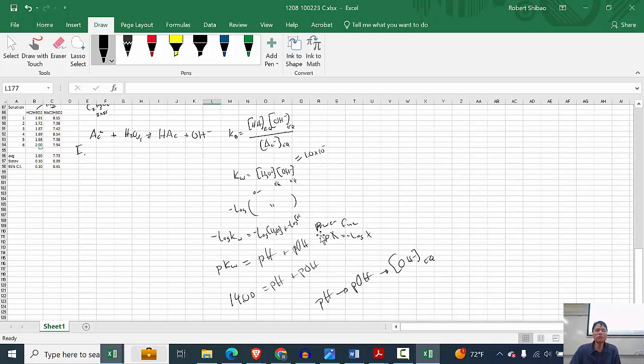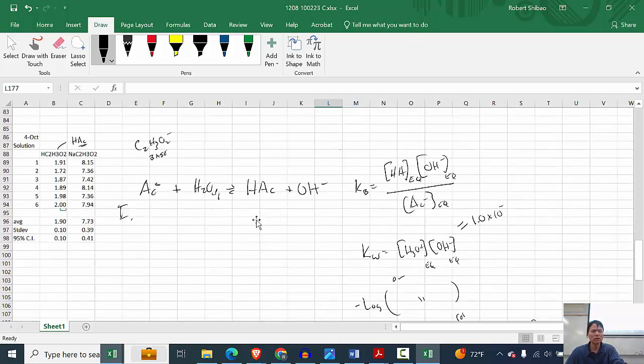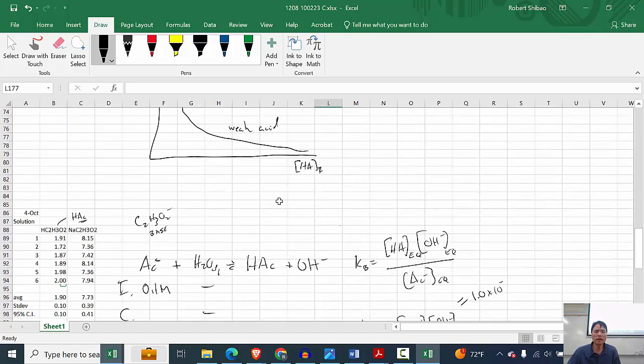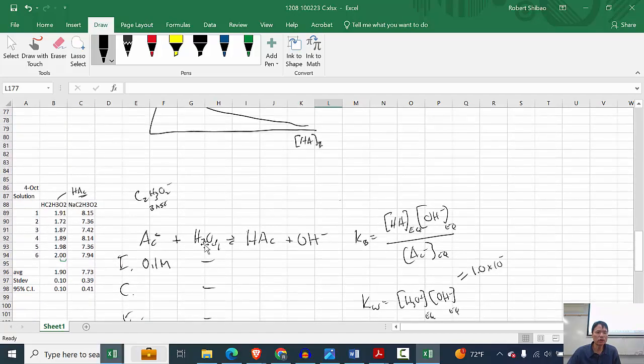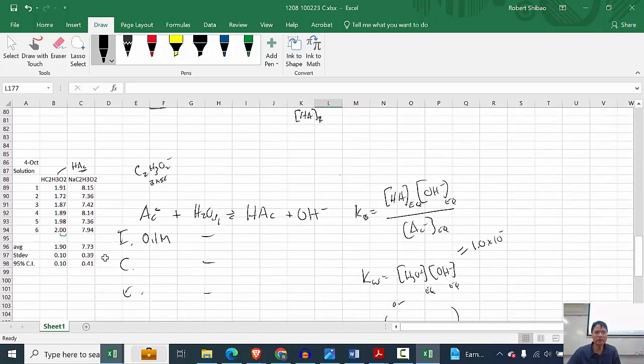And so the acetate, what was the initial concentration of the acetate? I think it was 0.1 molar. Water appears as a liquid, and so we can omit that from the ice table here. And then the hydroxide ion concentration we can get. The average pH for sodium acetate came out to 7.73.